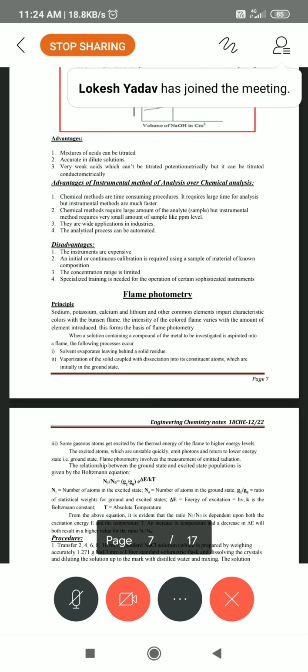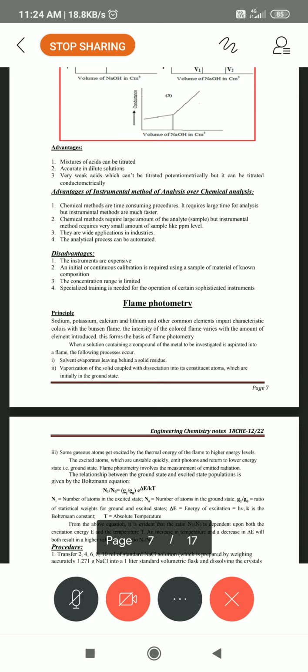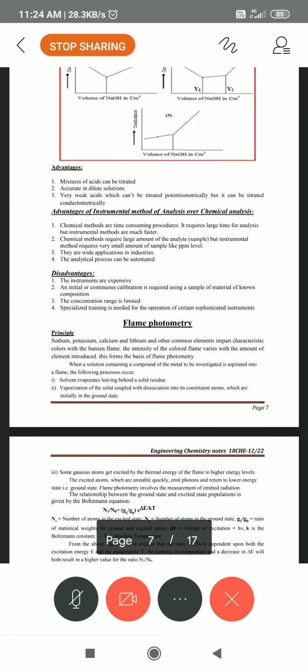So we have taken the 50 ml volumetric flasks and marked them number one, two, three, four, five. If we want to estimate the sodium from the given water sample or any sample, we first prepare the standard sodium chloride solution.